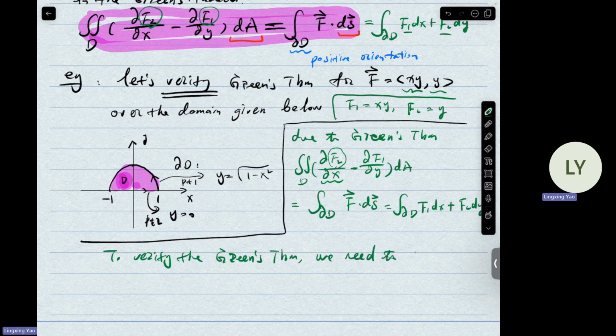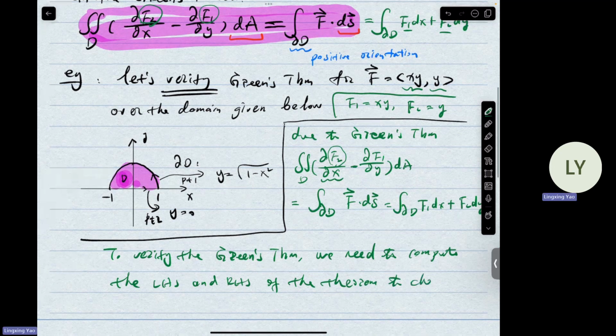We need to compute the left-hand side and right-hand side of the theorem to check if they agree with each other.